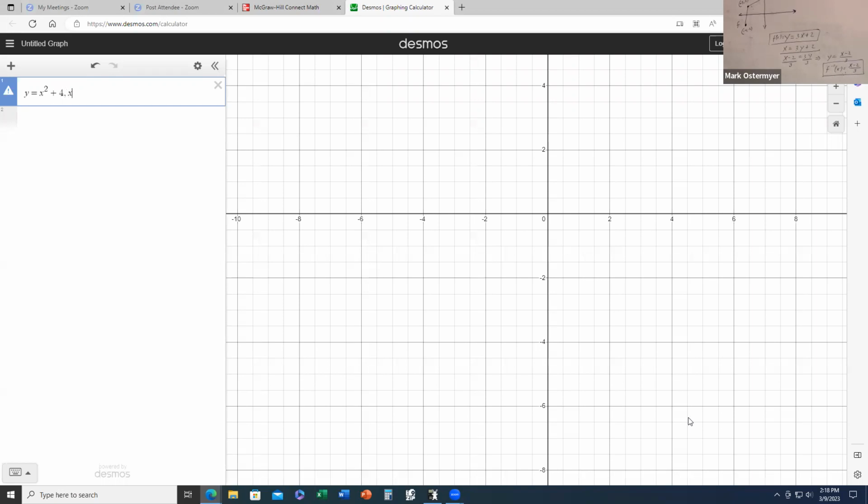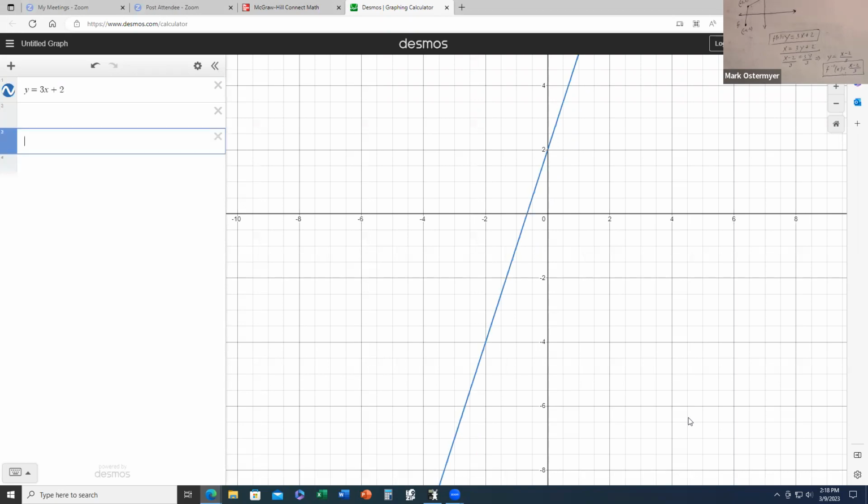So I'm going to try this here. I'm going to graph the original function, y equals 3x plus 2. And here comes the graph of the inverse function. Maybe I should have called this one f of x up here, and then I'll call this one f inverse of x.